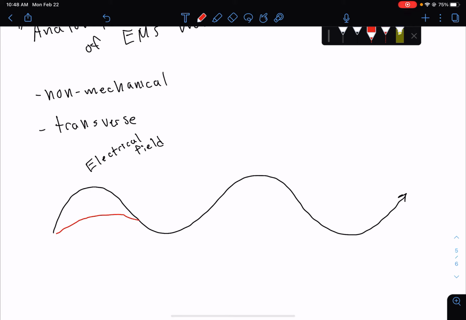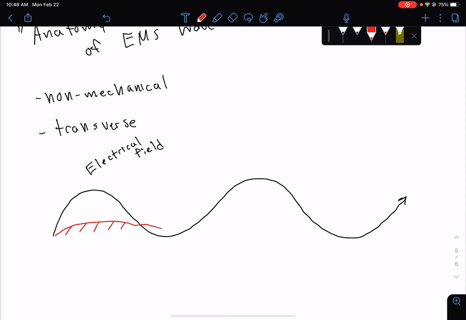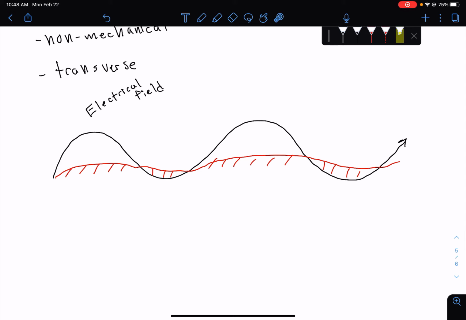So imagine this is 3D. You're going to have to use your imagination a little bit, that this magnetic portion is pushing out to the left while the magnetic field is pushing out perpendicularly to the electrical field.